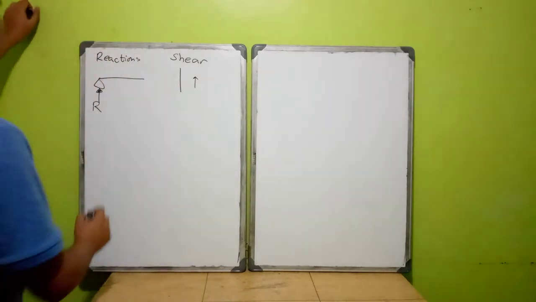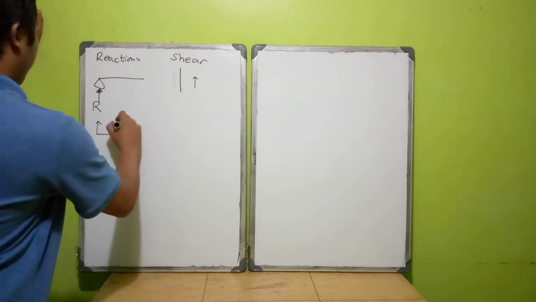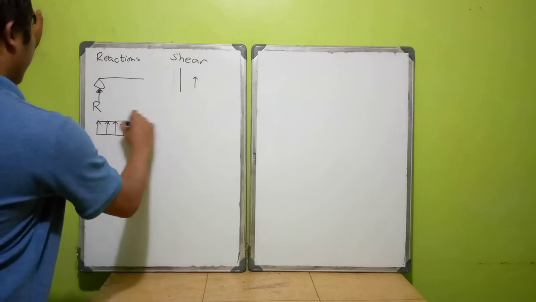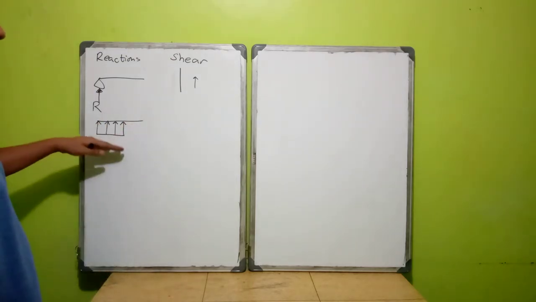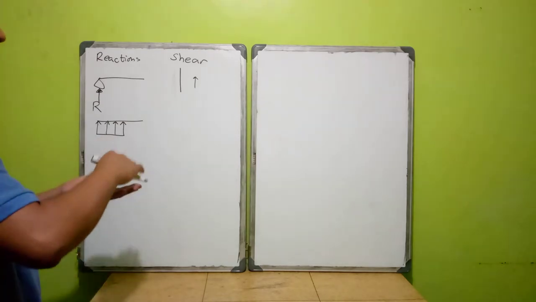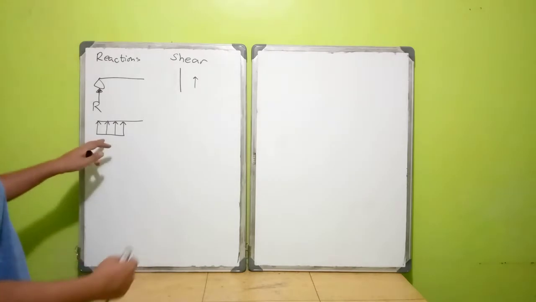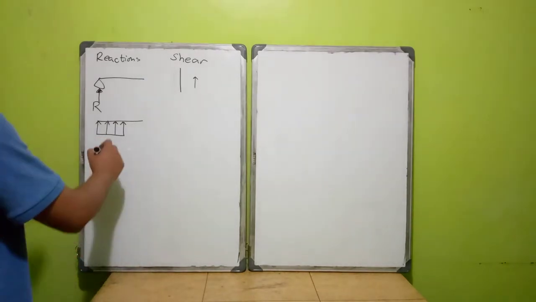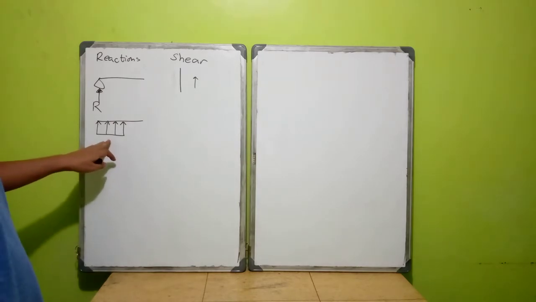Let us say it is a distributed reaction. This may happen when the platform on which the beam is lying, or the shape of its supports, is quite wide, so you can assume it as a distributed loading, a distributed reaction.